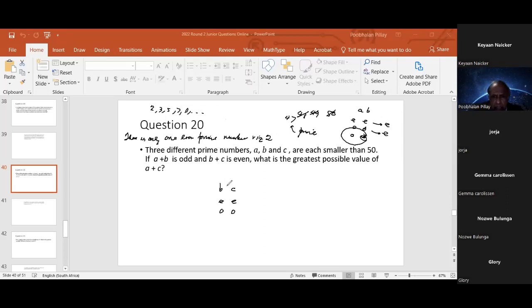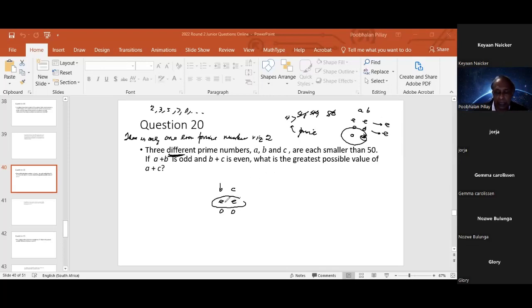Now you got the sum of 2 prime numbers is even. So this possibility here, if you are saying that both of them are even, it means that both of them will have to be 2, because there's only one even prime number. But we are told that they are different. You see how the words become so important now, your question.